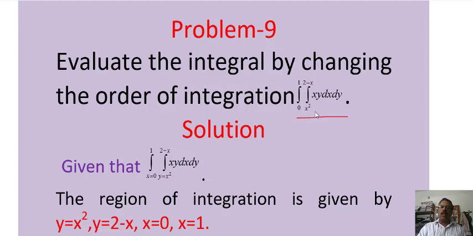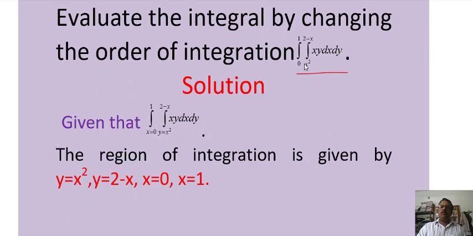Integral 0 to 1, integral x square to 2 minus x, xy dx dy. Now, this integral in terms of x variables, now it is y. Now, the other variable is x. So the given integral is integral 0 to 1, integral y equals x square to 2 minus x, xy dx dy.